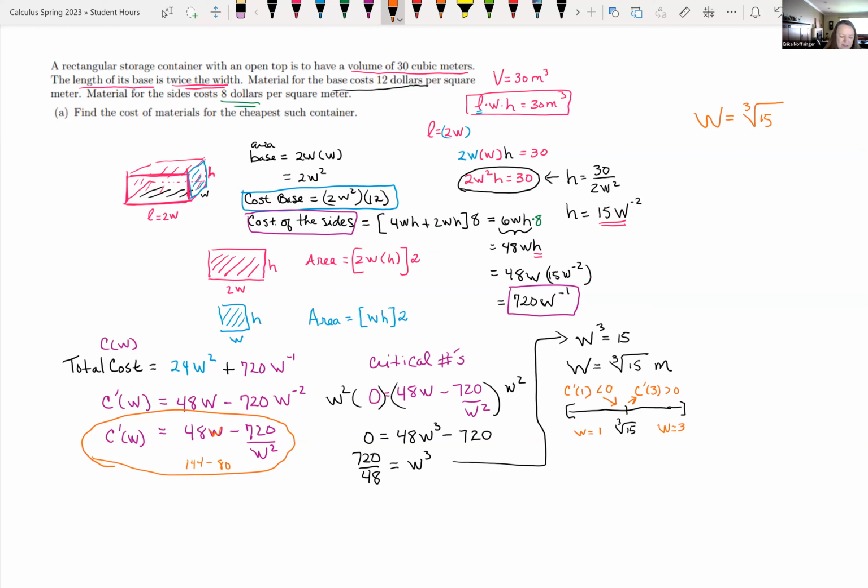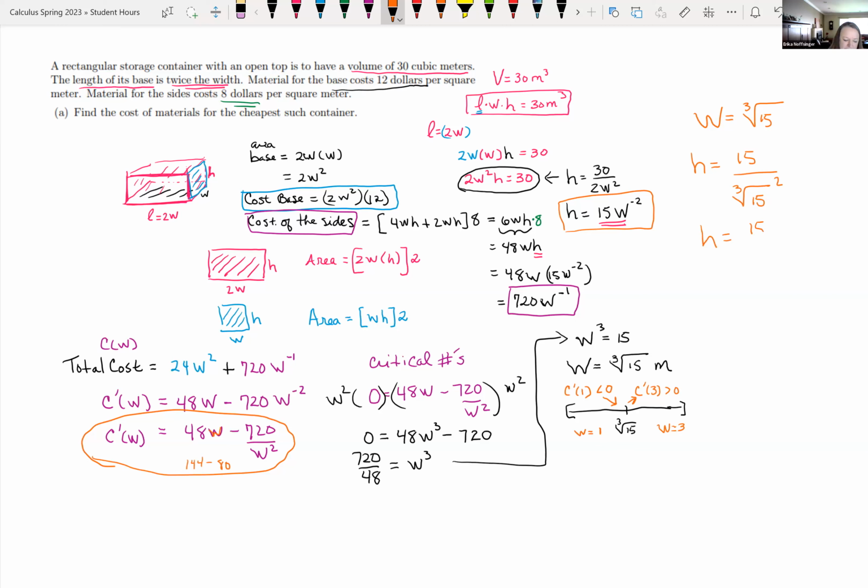We need to go back and figure out what our other variables are. And so our height is equal to 15 all over the cubed root of 15 squared.